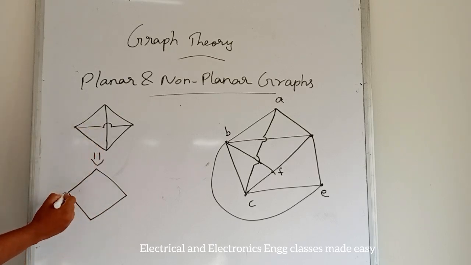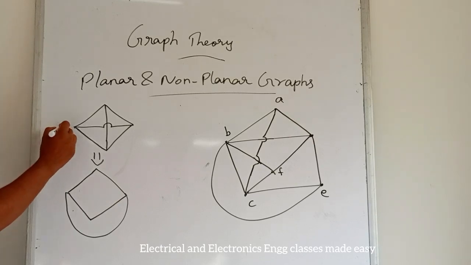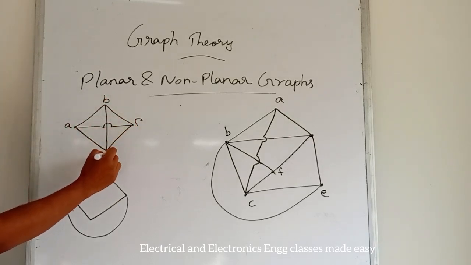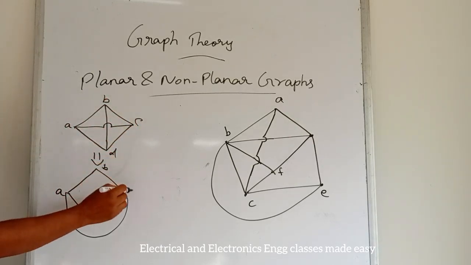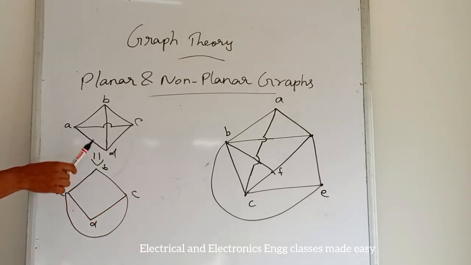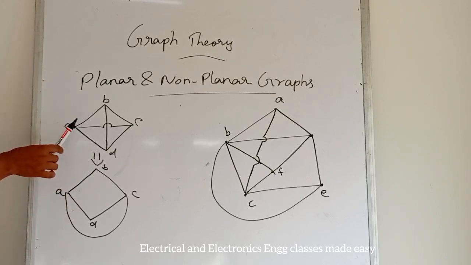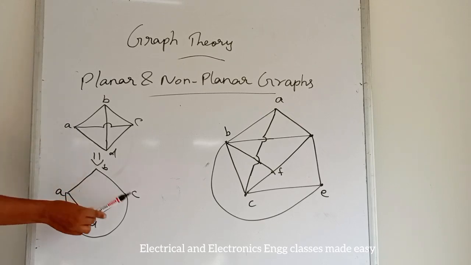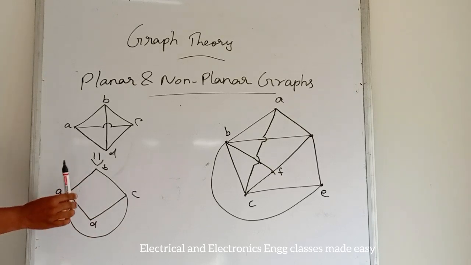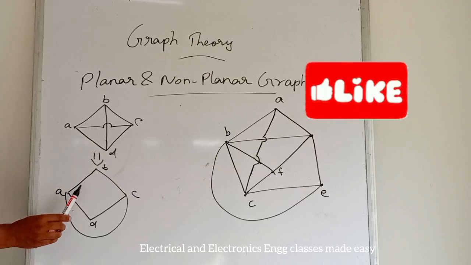That is, this crossover we can draw like this. So this is a planar graph, that is, a graph which can be drawn on a plane surface without any crossovers is called a planar graph.